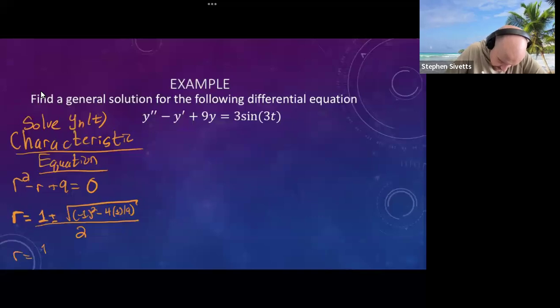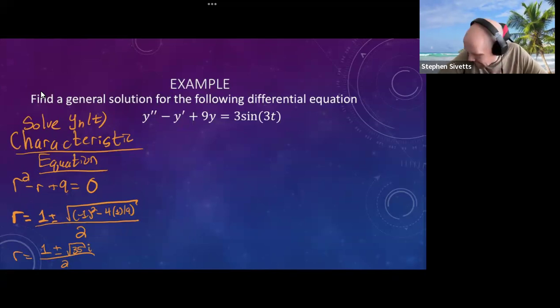So r is equal to 1 plus or minus the square root of 35 times i, over 2.